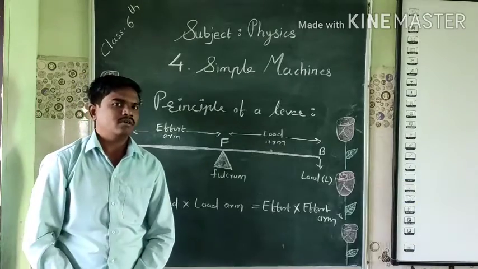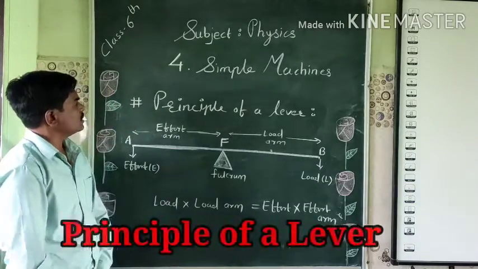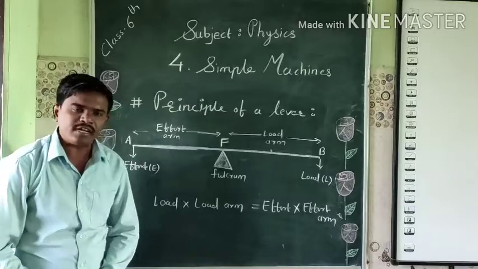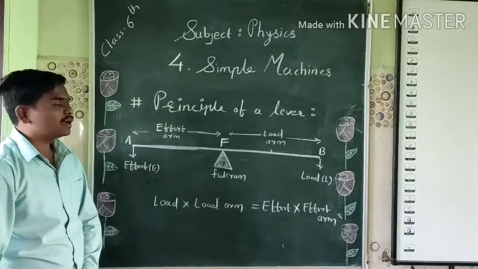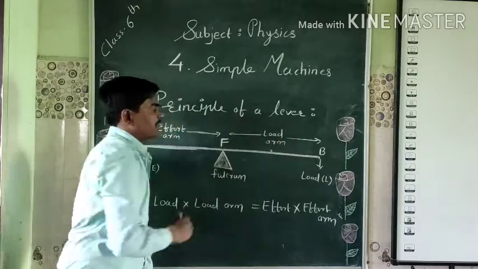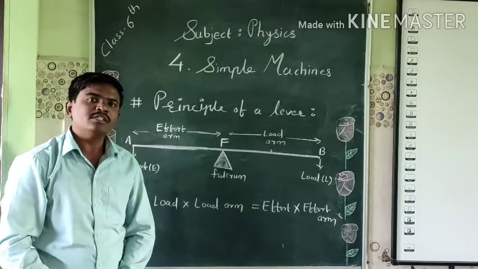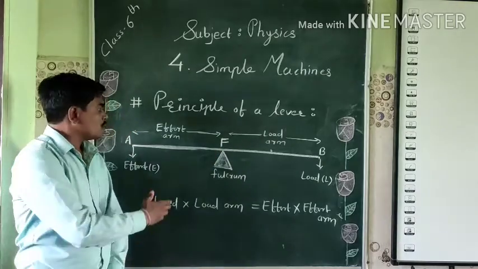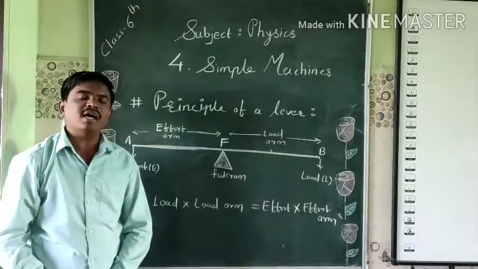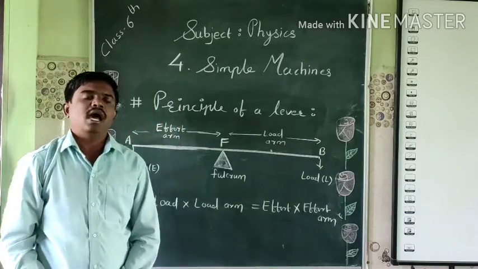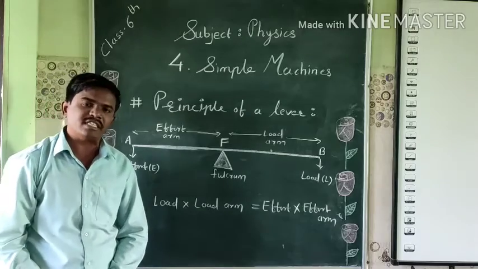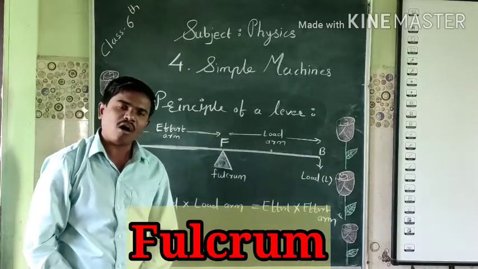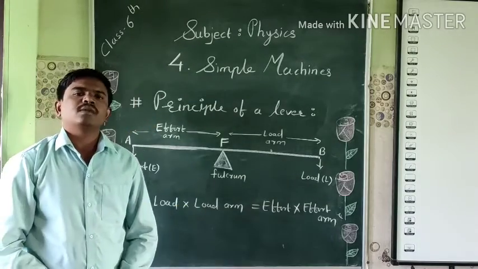So students, now we will discuss the principle of a lever. In the figure we can observe a rod A to B which can turn about the fixed point F. So rod A to B behaves as a lever machine, and it turns about the fixed point F. This is called the fulcrum of the lever machine.